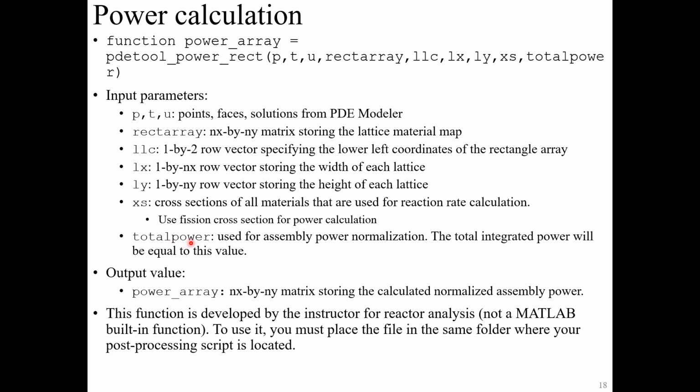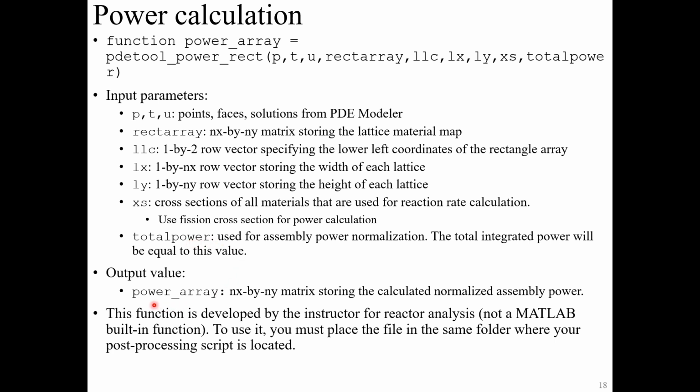Then there is the total power. This is used for assembly power normalization, so that the summation of all your assembly power will be equal to this value. You simply need to count the number of fuel assemblies inside your model. A half assembly is counted as 1/2, 1/4 of an assembly is counted as 1/4, and 1/8 is counted as 1/8.